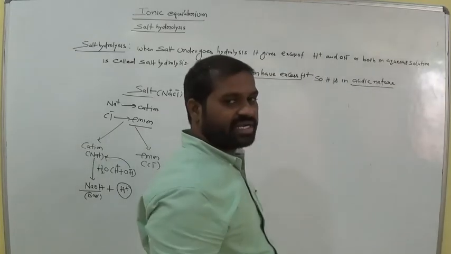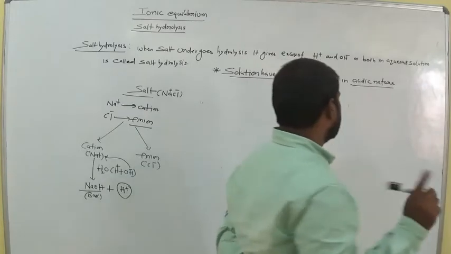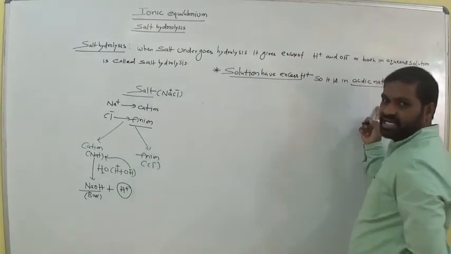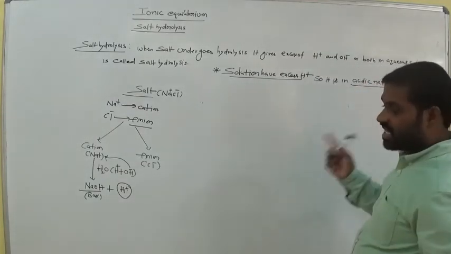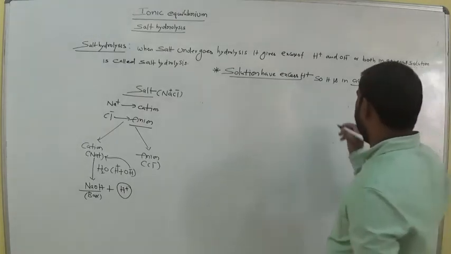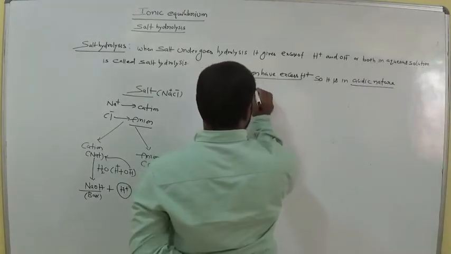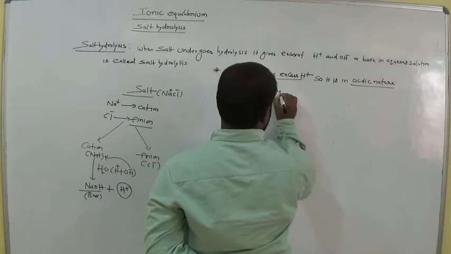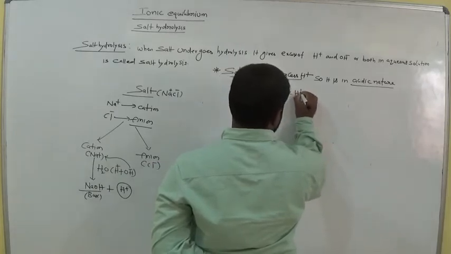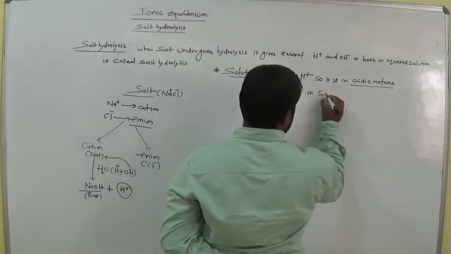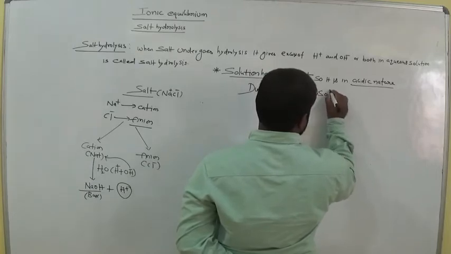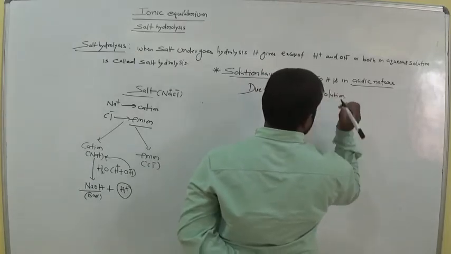Acidic. When water interacts with the cation of the salt, the nature of the solution is acidic, because more H plus is possible in the solution. Clear all of you?